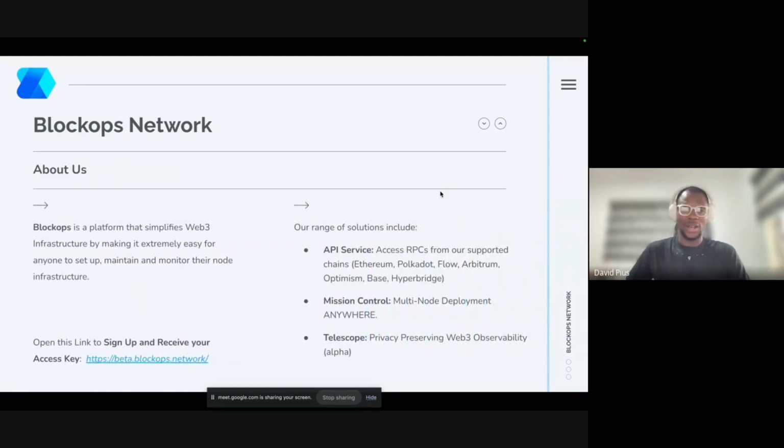So at Blockops, among the other things we do, Blockops is a platform that simplifies Web3 infrastructure. There are a lot of issues we usually have in the Web3 space.